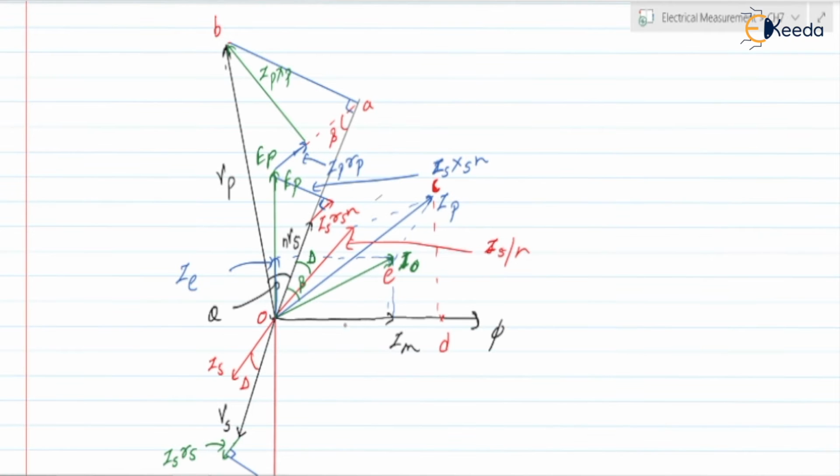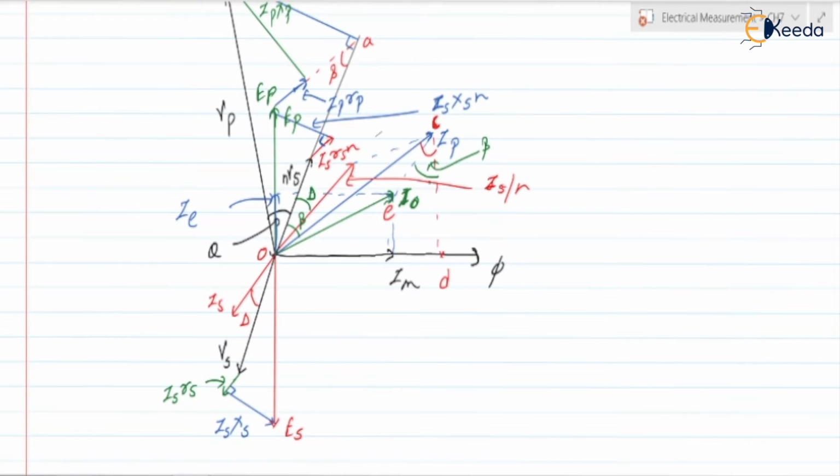As this angle is beta, this angle will be equal to beta, and this angle is also equal to beta. This angle is equal to delta.